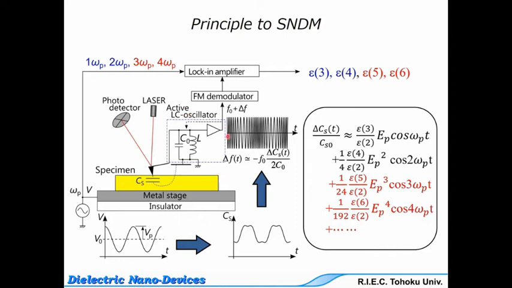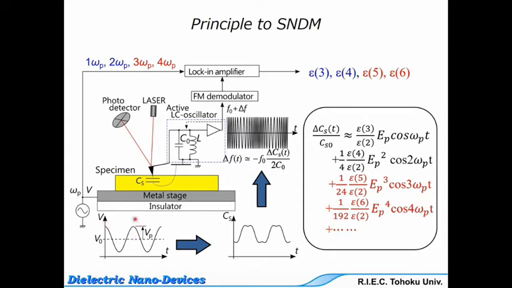Here is the SNDM probe, which consists of a so-called free-running active LC oscillator whose oscillating frequency is tuned to the LC resonant frequency. The typical oscillating frequency of this SNDM probe is of gigahertz order. And the metal tip is connected to this LC resonant circuit. Then from the outside, we apply a sinusoidal voltage between tip and sample. The typical frequency of this sinusoidal voltage is from 10 kHz to 100 kHz.